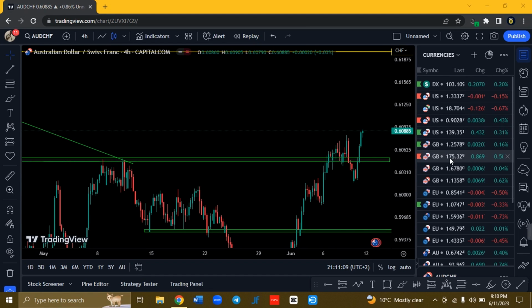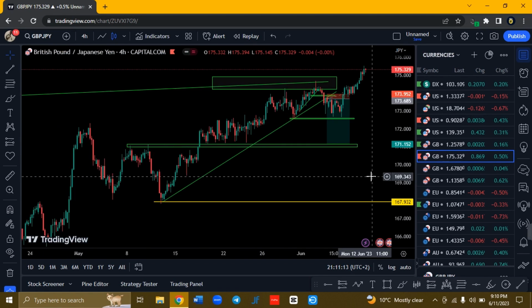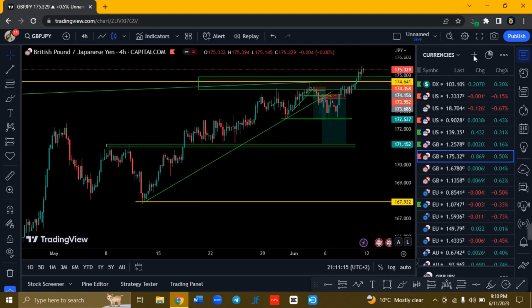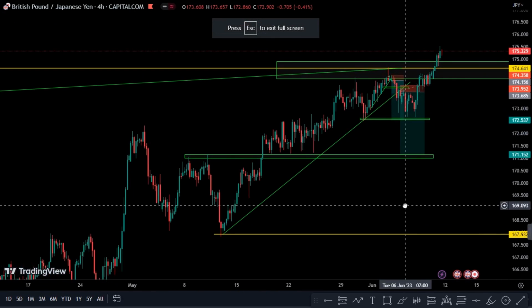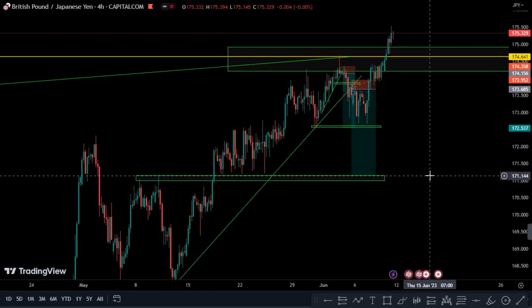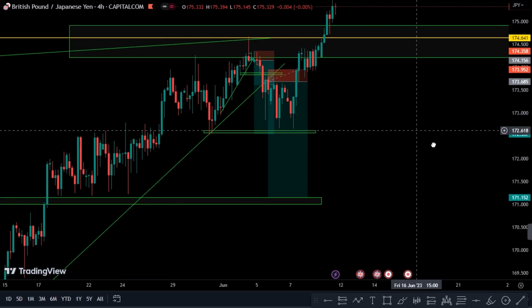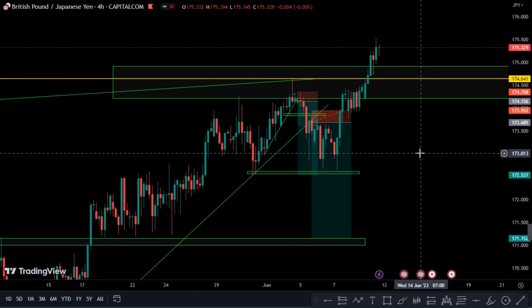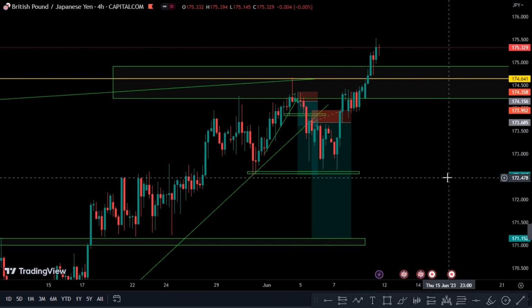After watching that video, you're going to see that we had GJ and EJ on our watch list, and we were anticipating a short on both of these pairs. As you can see on my screen, I'm on GJ, and if you go back to the video on the screen and watch the entire analysis of this setup, you're going to understand exactly how we went about taking this trade right here.